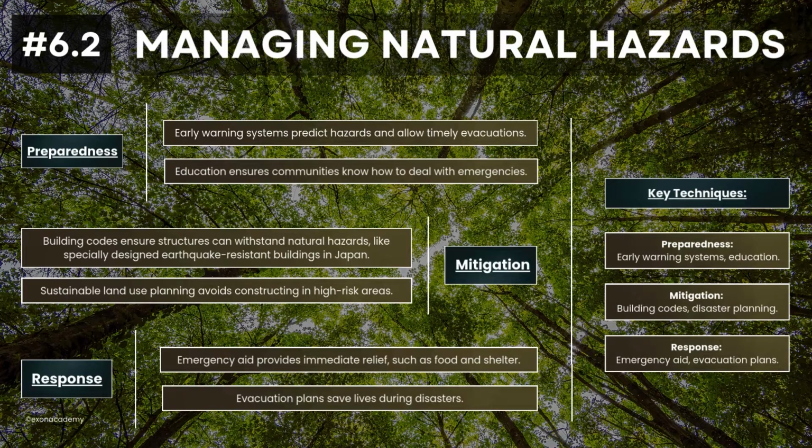Then, sustainable land use planning avoids construction in high risk areas such as floodplains. Number 3, response. Emergency aid provides immediate relief such as food and shelter, and evacuation plans save lives during disasters. For instance, Bangladesh's cyclone shelters have significantly reduced fatalities during storms.